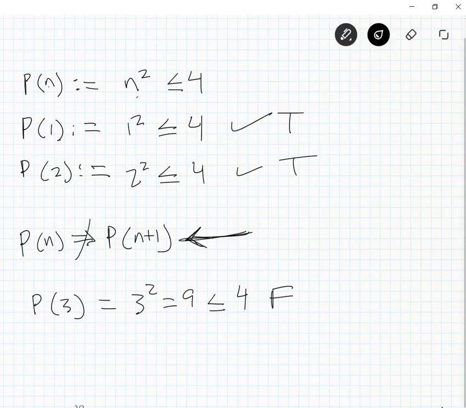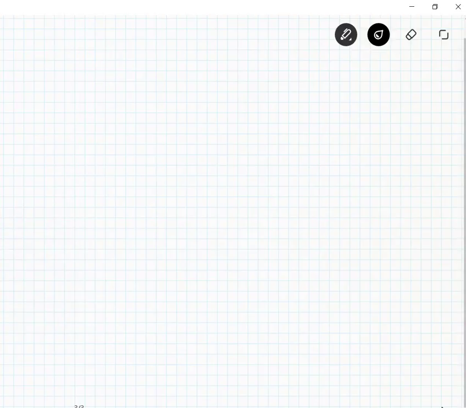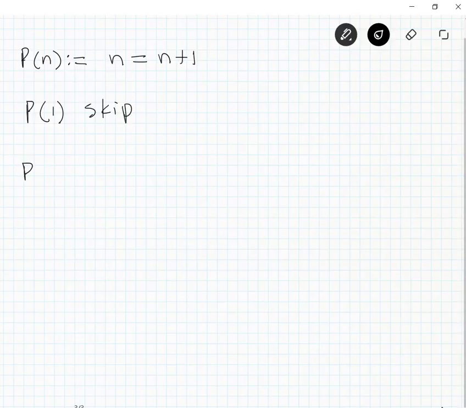Okay, now let's take a look at a real simple example of why we need the first step. Let's use the statement P of n is n is equal to n plus 1. Okay, so let's skip the first step for now, and let's look at step 2, if P of n implies P of n plus 1.